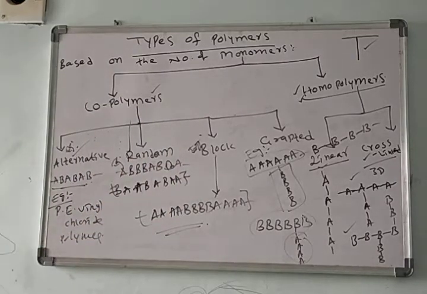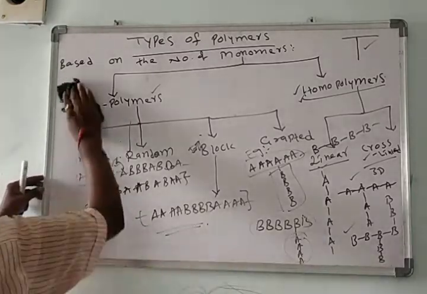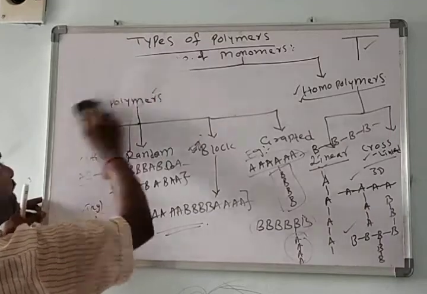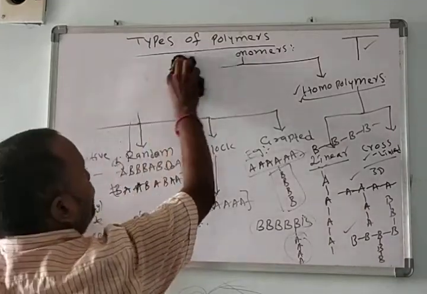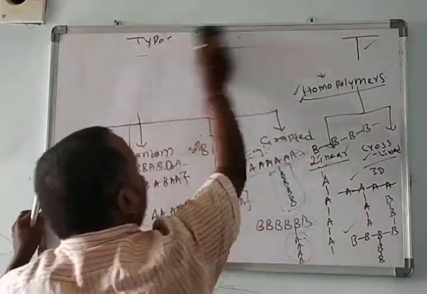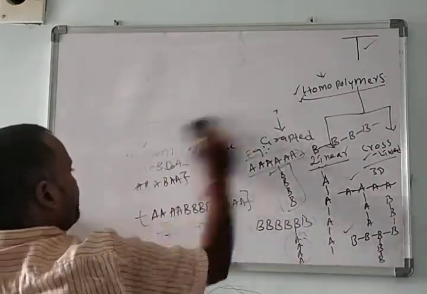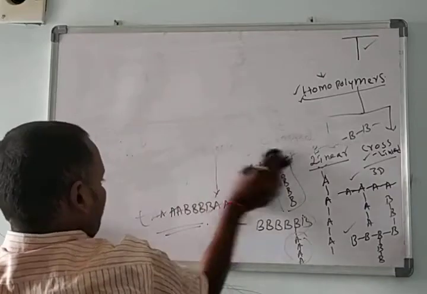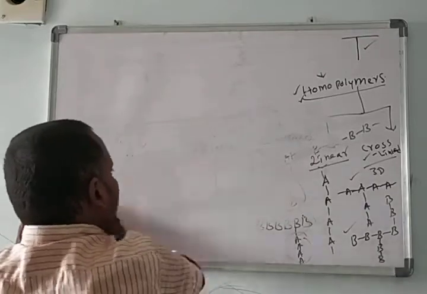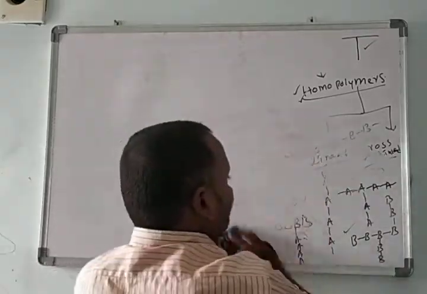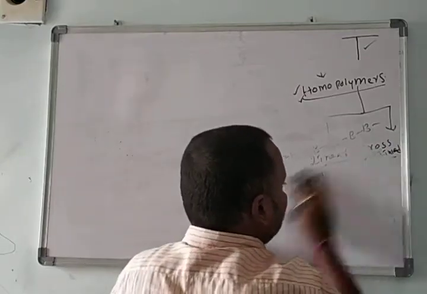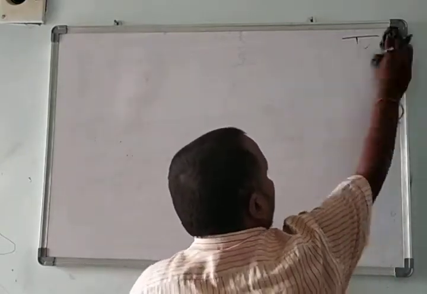Then in continuation we'll see how we prepare the copolymers, the copolymerization mechanism. Yesterday we saw one example, preparation of polyethylene from the ethylene in the presence of benzoyl peroxide and sunlight.